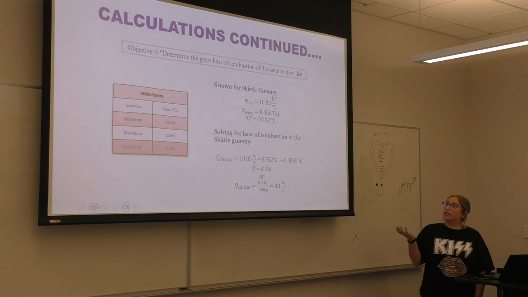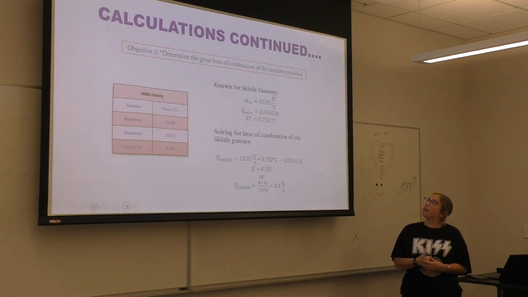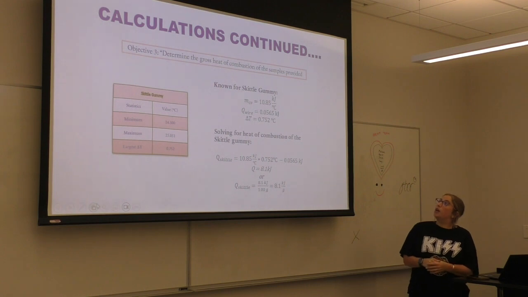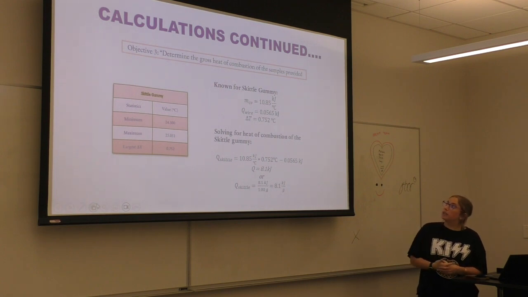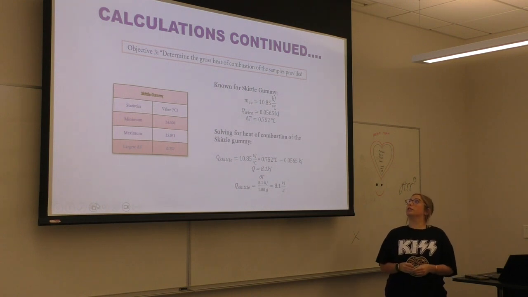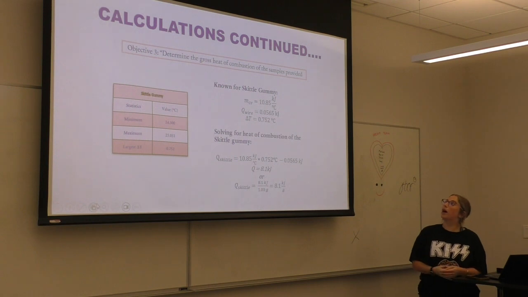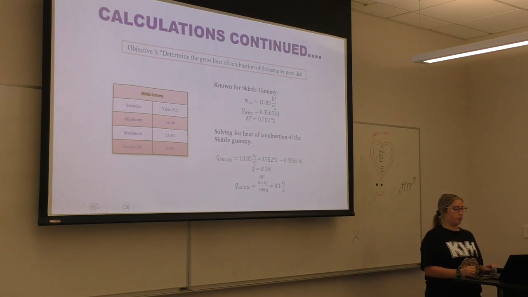And then objective 3 was to determine the gross heat of combustion of the samples provided. So we had a known thermal capacitance of 10.85 kilojoules per degree Celsius. The heat of combustion of the wire was 0.0565, and the change in temperature here was 0.752.